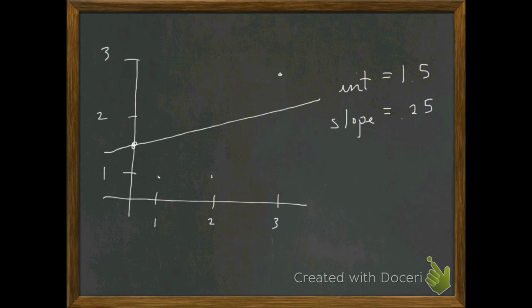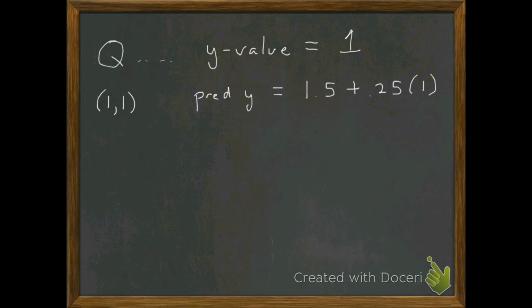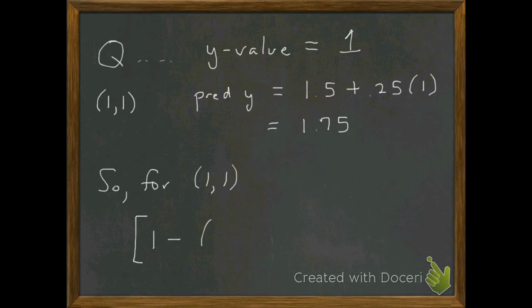So my predicted y in this case is 1.75. So for the ordered pair 1, 1, the component of q for that particular point would be 1 minus (1.5 plus 0.25 times 1), quantity squared.